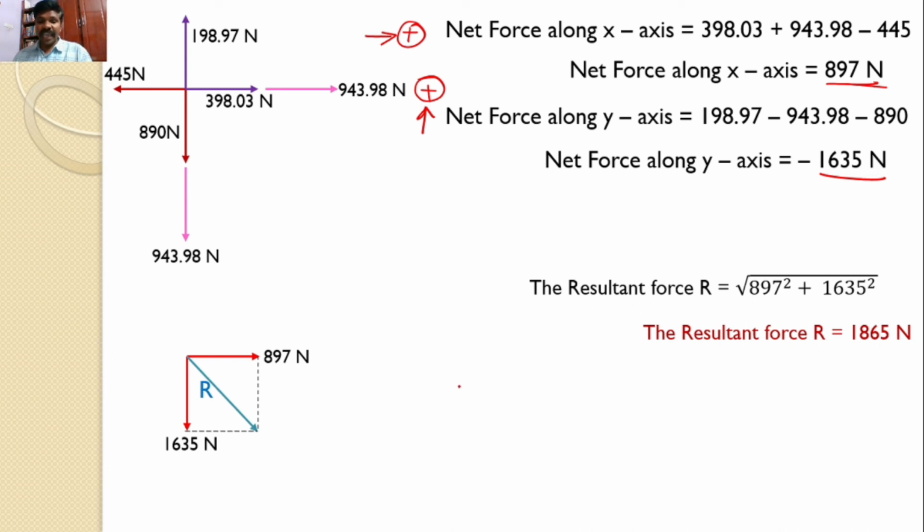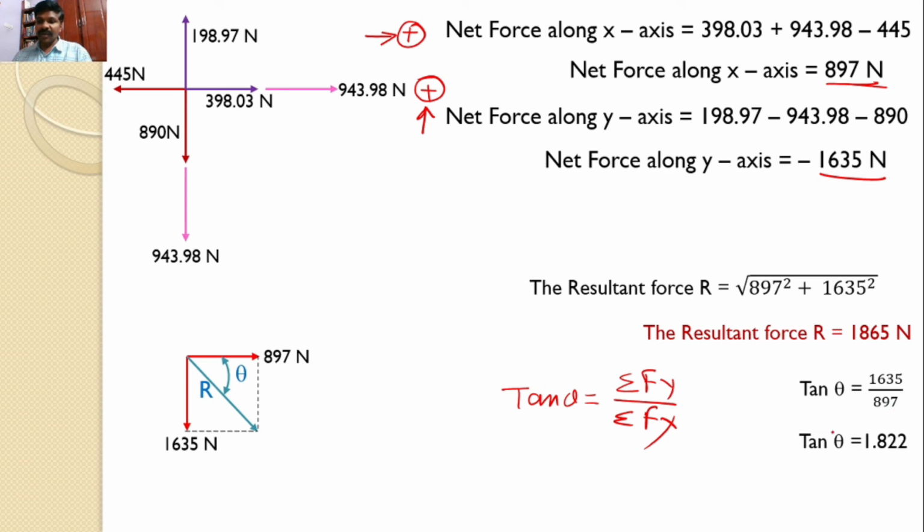And what about the angle made by the resultant force? Theta with the x-axis is given by tan theta equal to sigma Fy by sigma Fx. That is 1635 by 897. From that I can calculate tan theta equal to 1.822, or theta equal to 61.25 degrees.